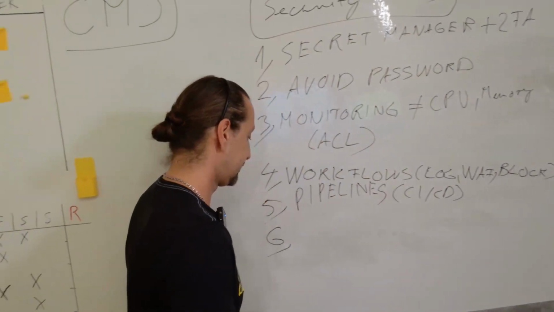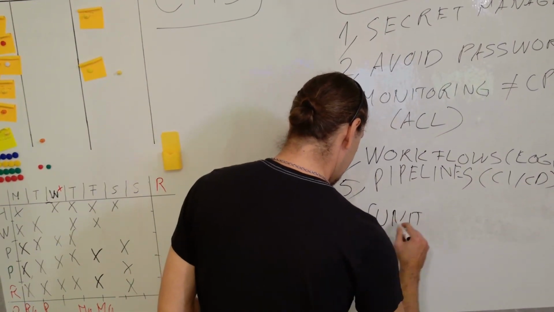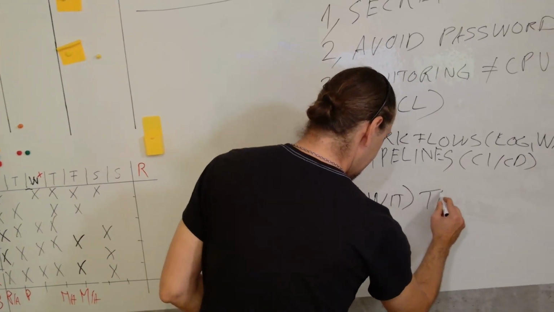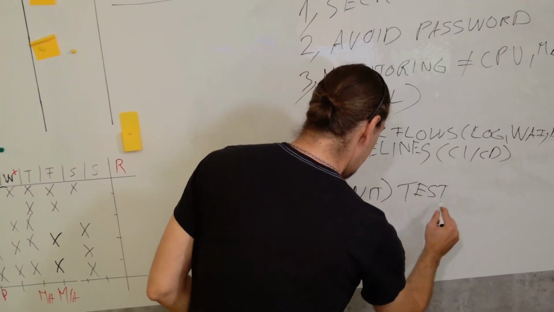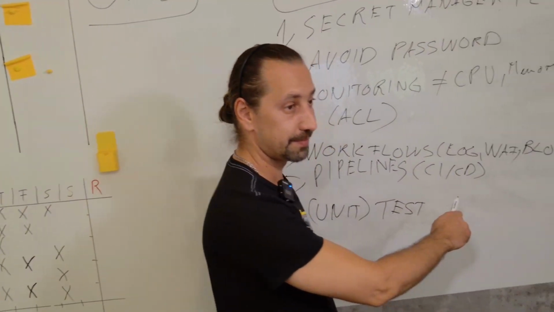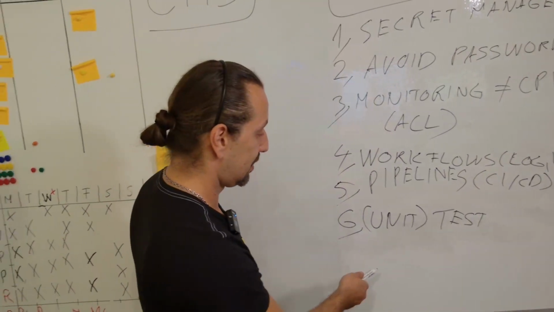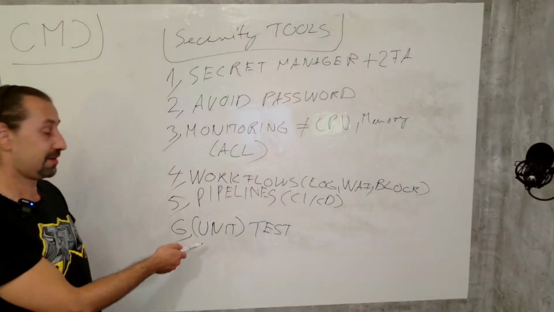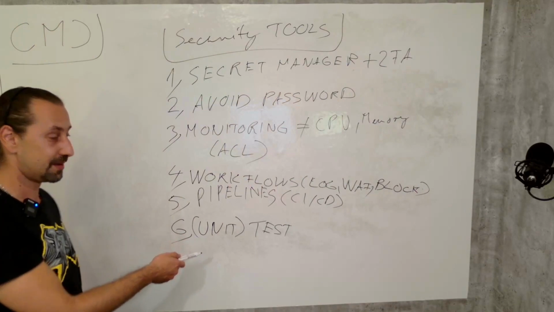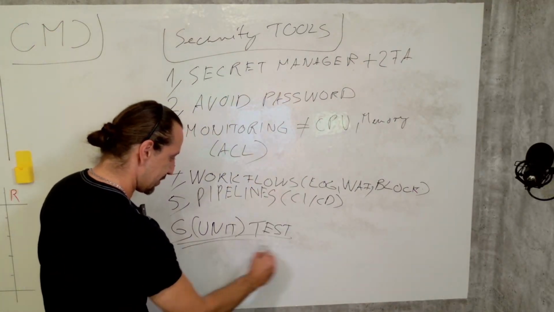Six. For a pipeline to work, it needs tests, quality gates, and unit tests. This is why I said it's crucial to have.